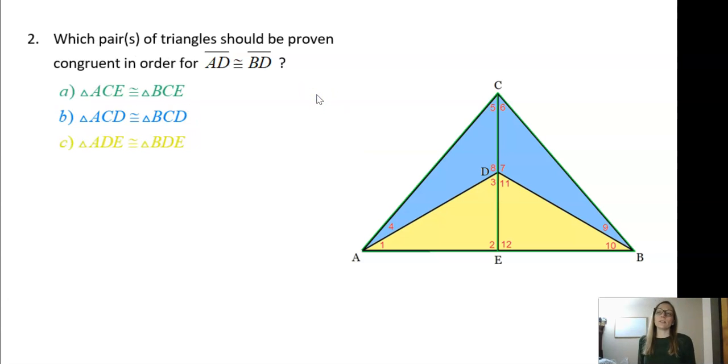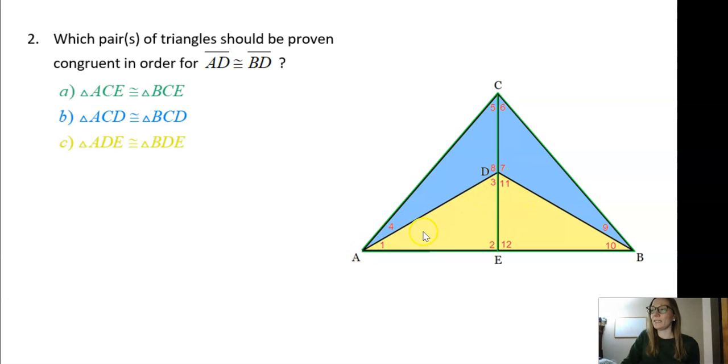Now, notice in number 2, it says which pair or pairs of triangles should be proven congruent in order to prove AD is congruent to BD. Sometimes there are multiple triangles that will contain a certain side or angle. In this case, AD, which is this segment here, and BD, which is this segment here, are part of the yellow triangles.